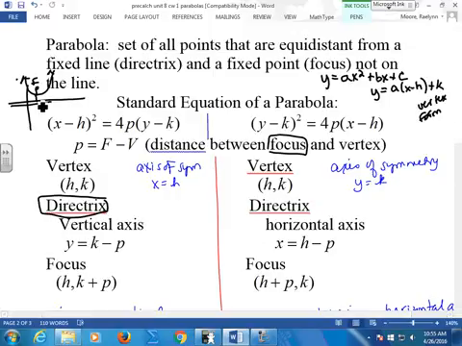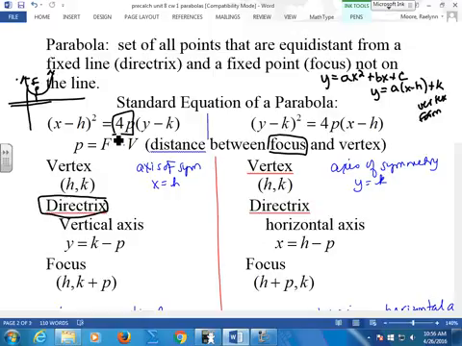So in college, they'll generally look for focus and a directrix. So to do that, we put it in a little bit of a different format. Now the one thing that we have to worry about is this P. And as many formulas as I give you, don't memorize them. We're going to work them with your sketches rather than with your formulas.